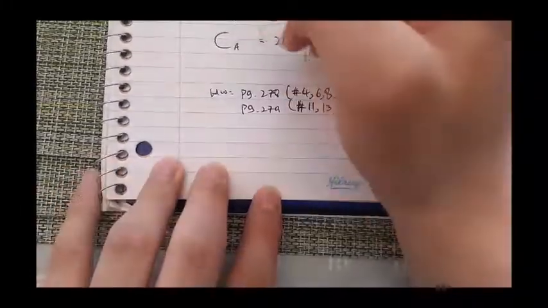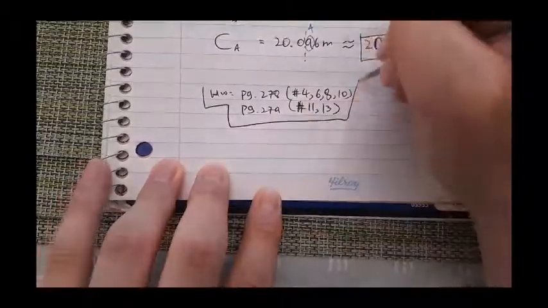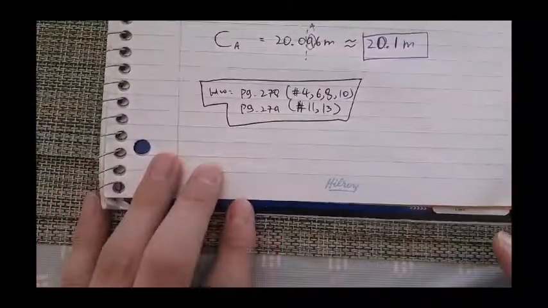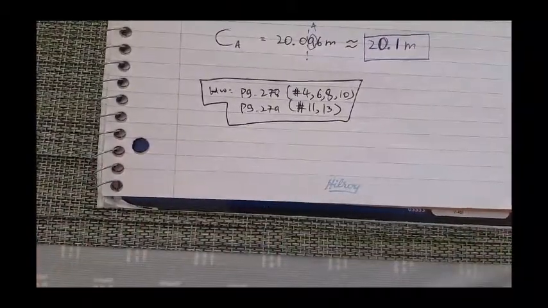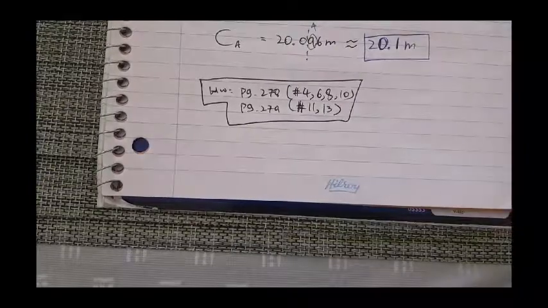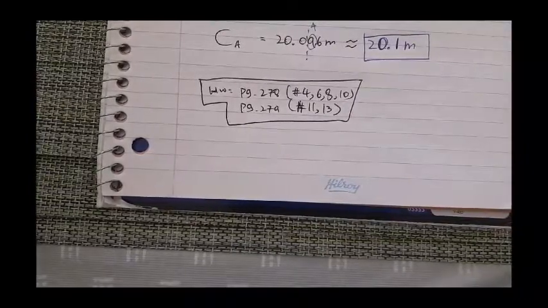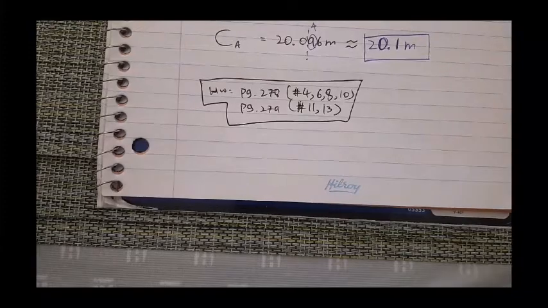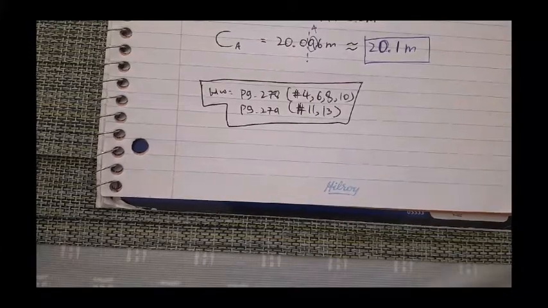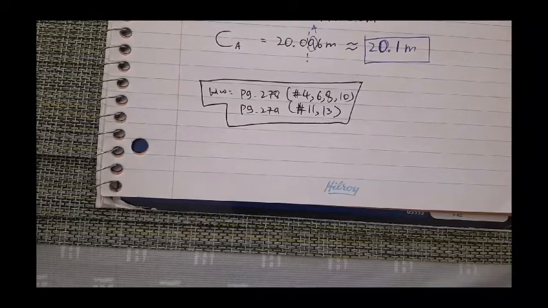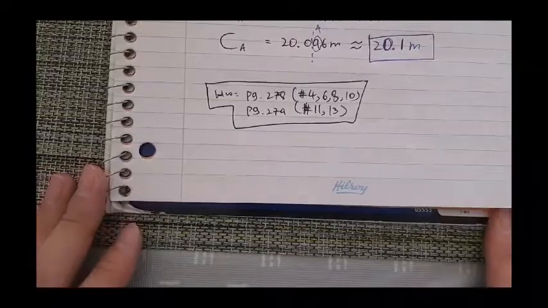I want you to work on homework page 278, questions 4, 6, 8, 10, and 11, and 13 of page 279. Please do estimation if you need to, or actual calculation if the question says so. So keep that in mind.